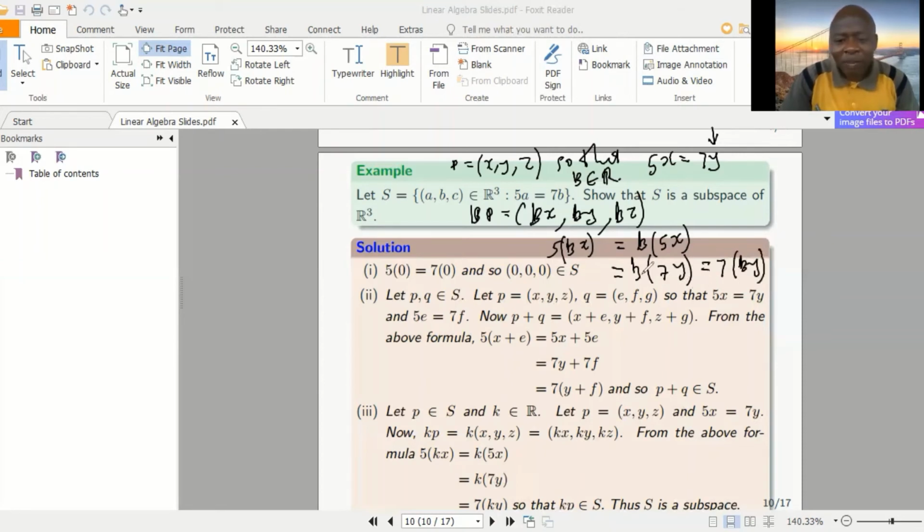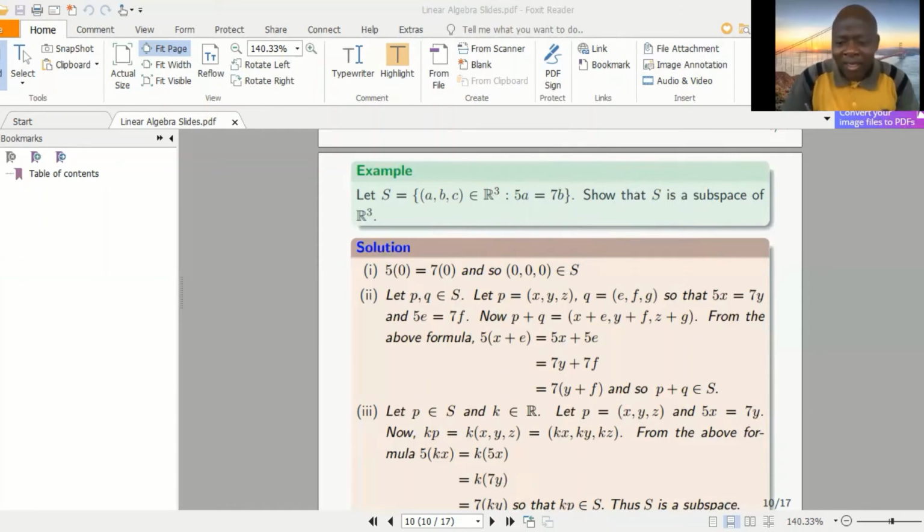Look what I've shown: 5 times the first element here is 7 times the second element. That's what we wanted to show, that this product here is a member of S. So this means that 5 times the first element has given me 7 times the second element, and therefore the product here is a member of S. That's what I did.